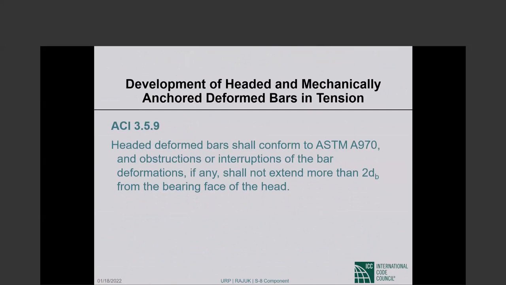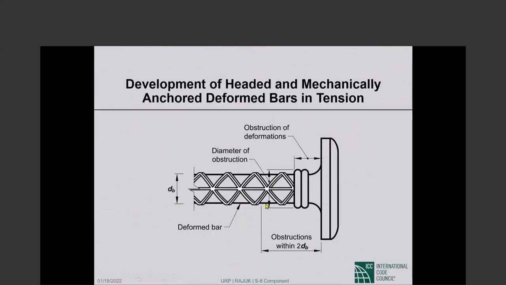Headed deformed bars shall conform to ASTM A970, and obstructions or interruptions of the bar deformations, if any, shall not extend more than 2 bar diameters from the bearing face of the head. So this is a headed bar. This is the bearing face of the head. Okay, this bears on the concrete.